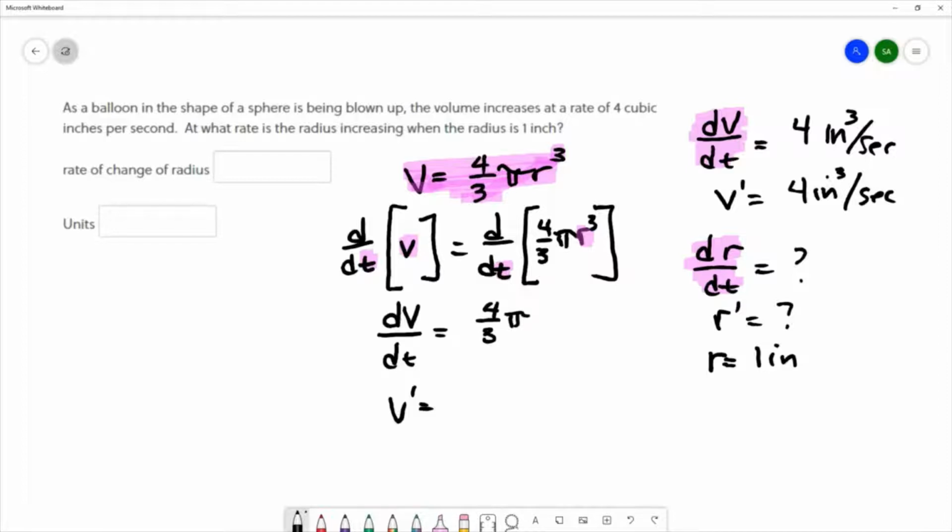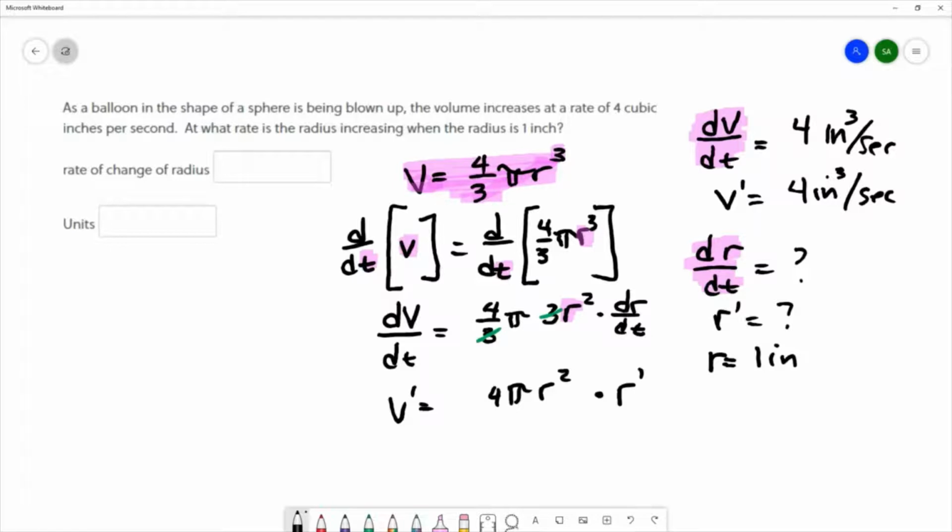We're going to calculate the derivative of r cubed to be 3r squared, but because of those variables not matching, we need to chain by multiplying by the derivative of r, dr dt. And if you prefer, you could write that as r prime. The 3's cancel, and we're left with 4 pi r squared times r prime, or dr dt.